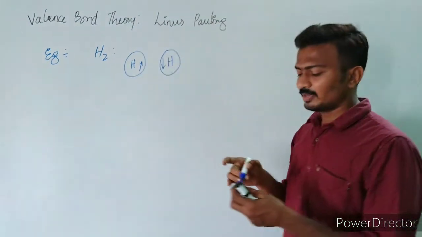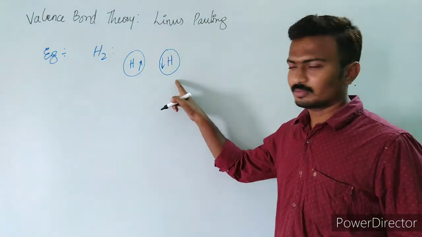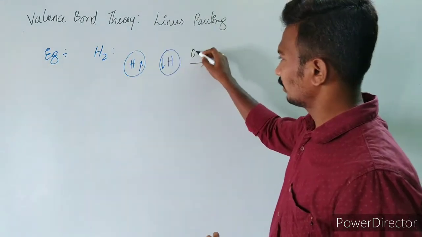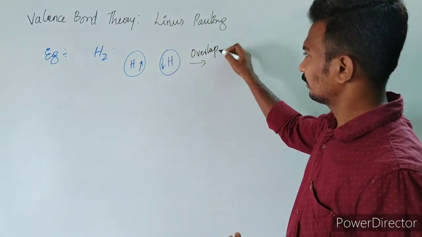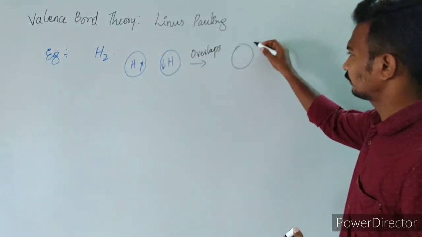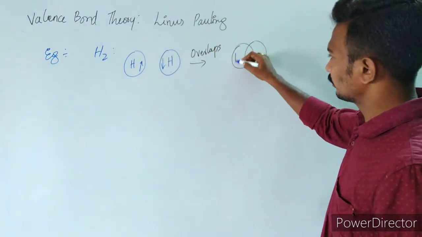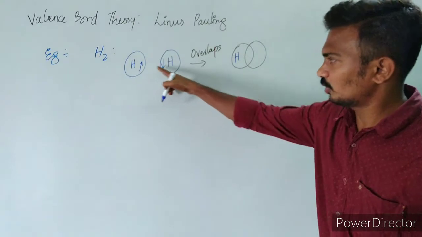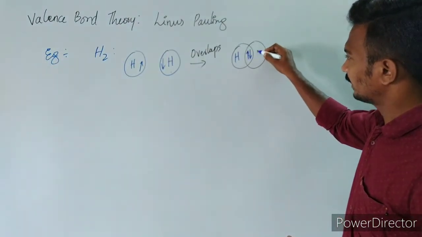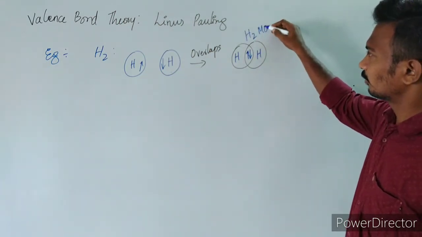Now the 1s atomic orbitals of the two hydrogen atoms will overlap each other, and they lead to the formation of a hydrogen molecule where the two unpaired electrons will be paired up. They will pair up and lead to the formation of the H2 molecule.